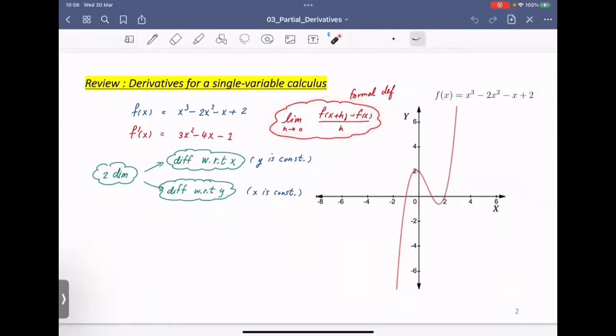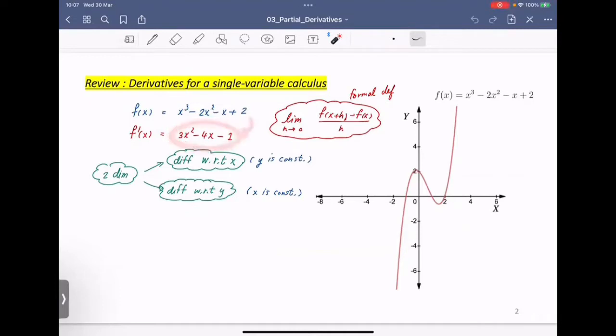You call this thing in Cal 1 the derivative, and you give it the notation f'(x). This is the derivative in calculus 1. You can see that in calculus 1, you don't use the formal definition a lot. What you use a lot when you calculate, in practice, is the formula.